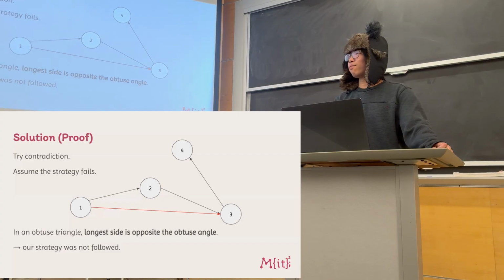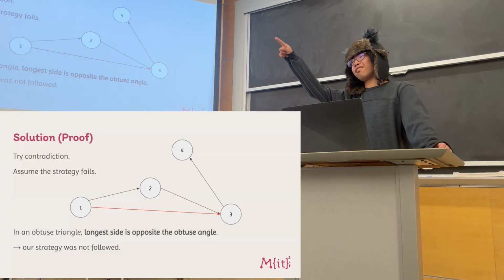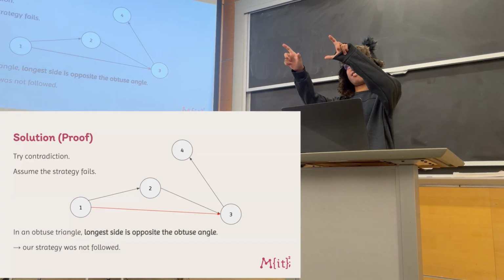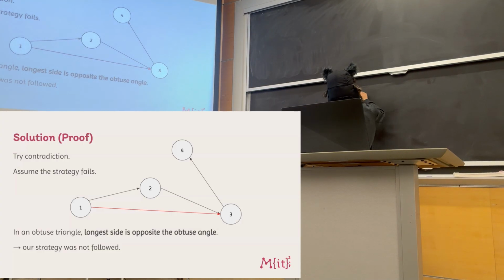The problem with going very far and very close is if you have 4 nodes that are kind of in the shape of this, you might go very far and then very close and then back here. But the intuition for going for the farthest node is you just take a look at an obtuse angle and you're like, how do I not form the obtuse angle? Oh yeah, we could just go to the farthest one. And then go backwards.